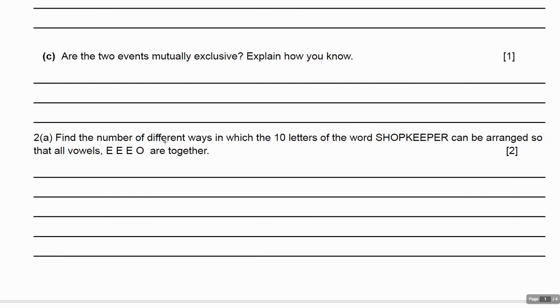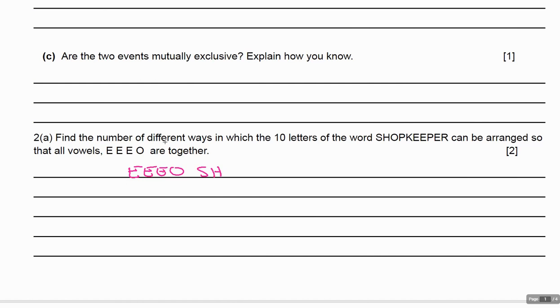in this case, it says find the number of ways in which the 10 letters in the word shopkeeper can be arranged, so all the vowels are together. So that means it's going to be like this. And then what are my non-vowel letters?